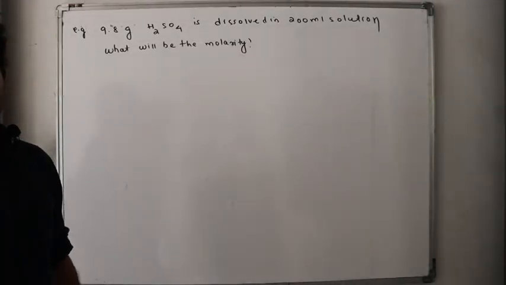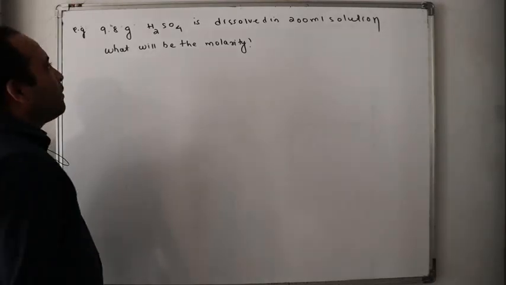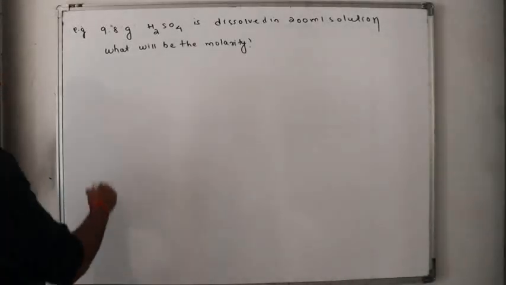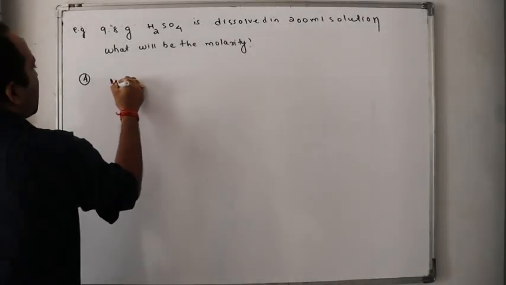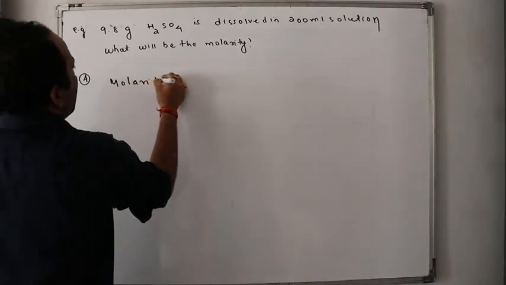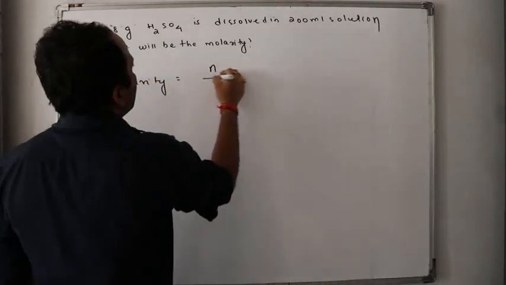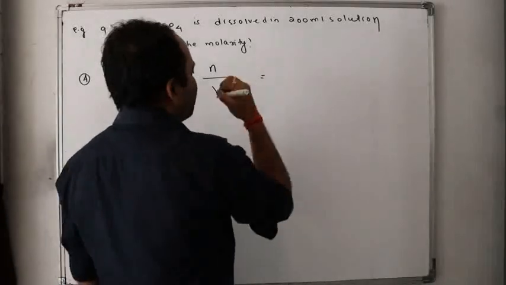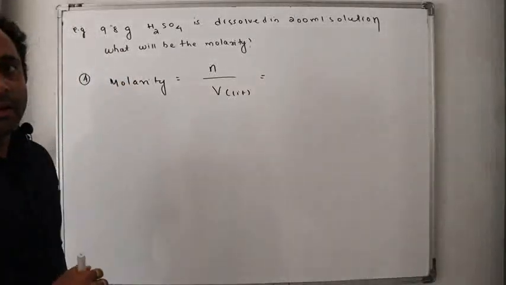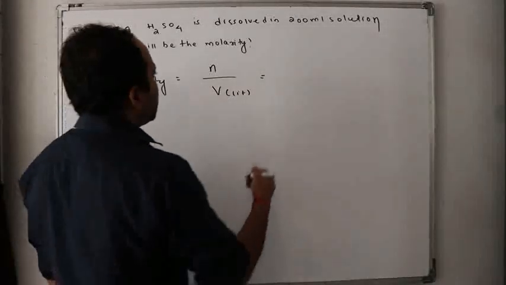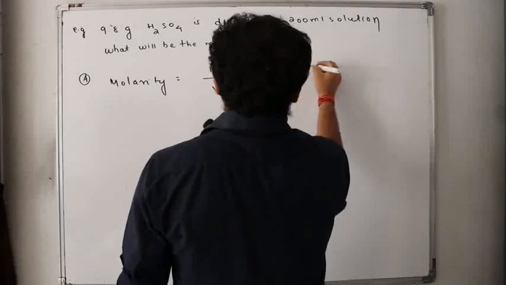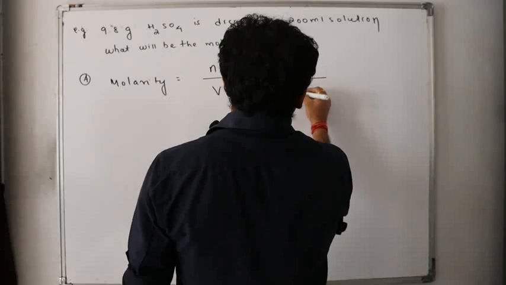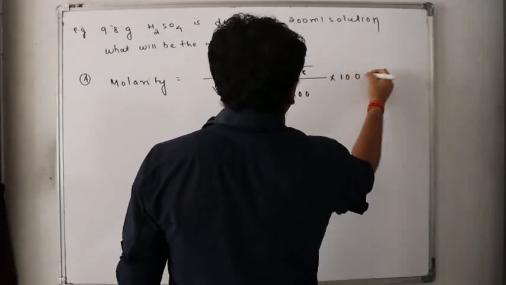Did you solve this question? 9.8 gram H2SO4 is dissolved in 200 ml solution. So how can I go for this question? Molarity is equal to number of moles by volume of solution in liters. Had it been in ml, then we multiply by 1000, isn't it? Number of moles is 9.8 by 98, divided by 200 into 1000.